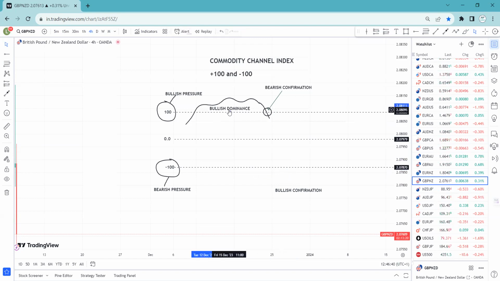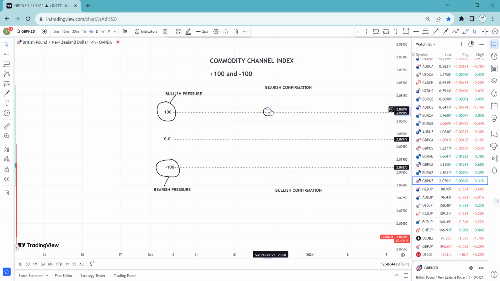Okay, so let me take all of these out. Still follow me. So bearish confirmation hack number two, using the commodity channel index. It is not only when it goes above the positive 100 and comes back below that we have a bearish confirmation. There are certain times that prices will go above the zero line.